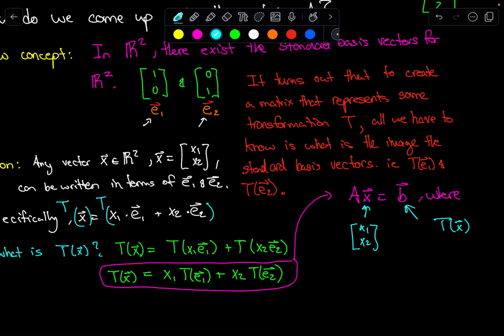What goes inside the A matrix is T of E1 and then T of E2.